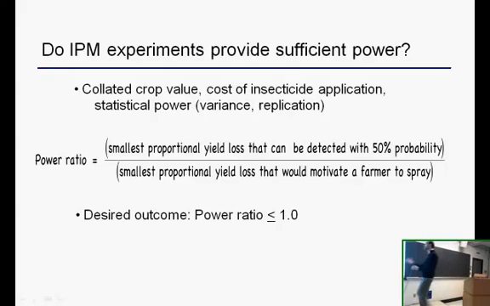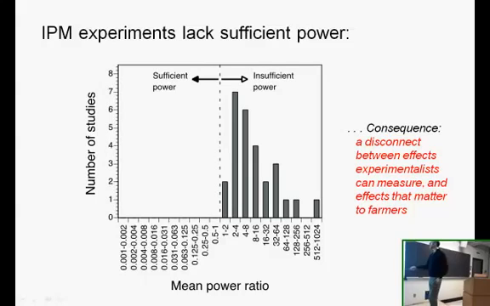And of course, what we want is to have that power ratio be less than 1. Okay, we want to be able to measure effects that are small enough that it actually allows us to give advice to the farmer about the decision that the farmer has to make. And here's what we found. So I'm plotting here this power ratio on the x-axis. Here's the sort of magical cutoff.